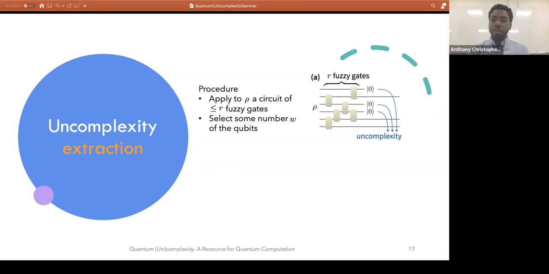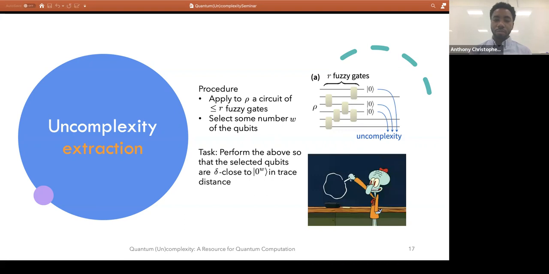In this case, we have some n-qubit state rho. We apply our fuzzy gates, our fuzzy operation, and then at the end we select some W number of qubits from the n. The idea is that we want W qubits that are relatively close to the all 0 state.